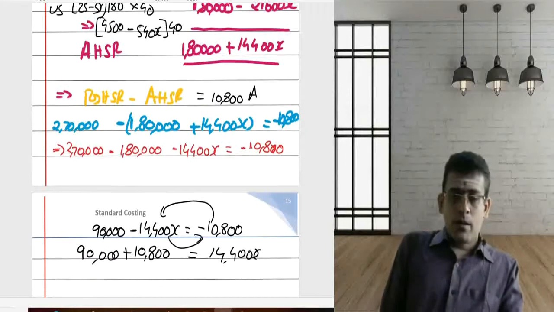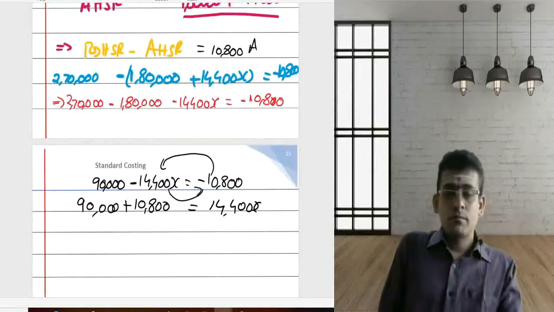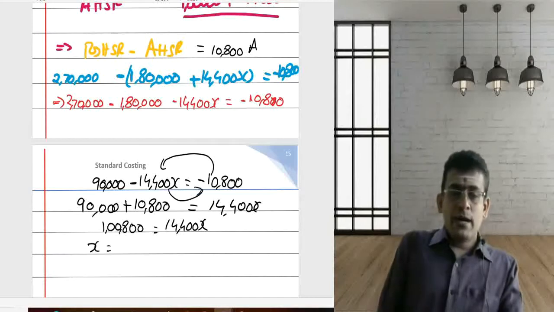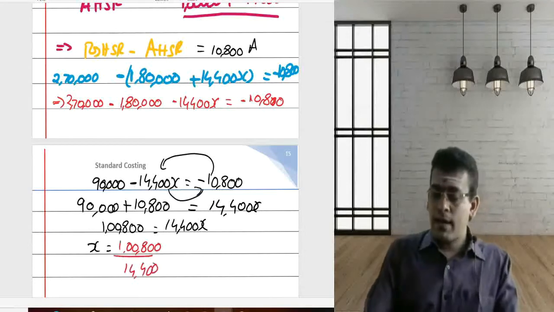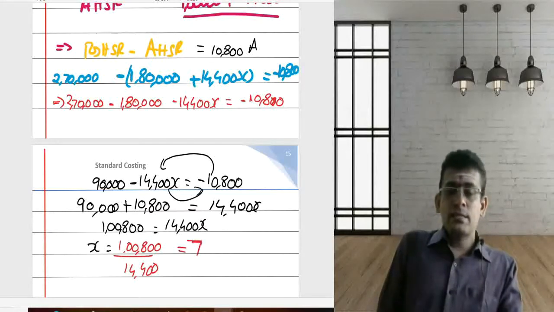Now 90,000 plus 10,800 gives you 1 lakh 800, which is equal to 14,400x. Now what is your x? x is 1 lakh 800 divided by 14,400. If I do, I will be getting 7. So x is nothing but 7.